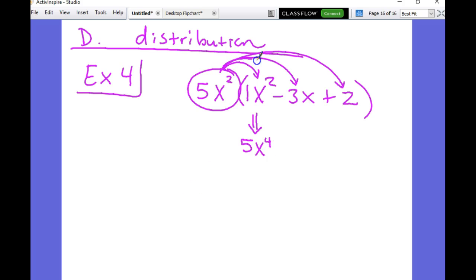What's 5x squared times negative 3x? Negative 15x cubed, because 2 plus 1 is 3. Oh, there's a 1 there. Yes. And then the last one is 10x squared. 2 times 5 is 10, right? The x squared doesn't change because there's no other x's, right?